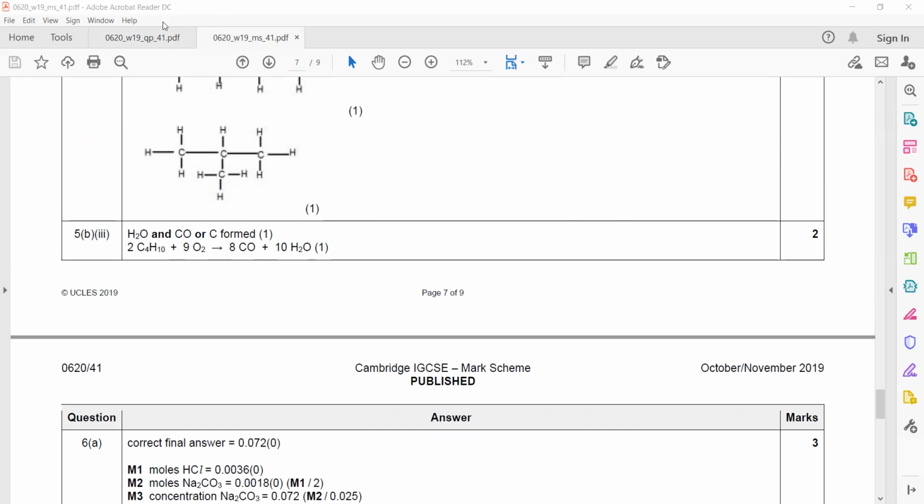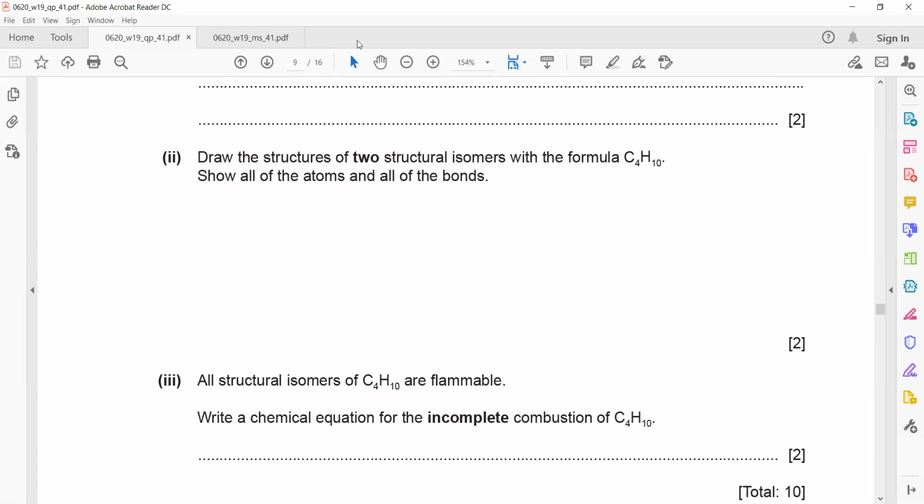So C4H10 plus O2 gives plus H2O. And then balance, for balancing, we start with carbon.